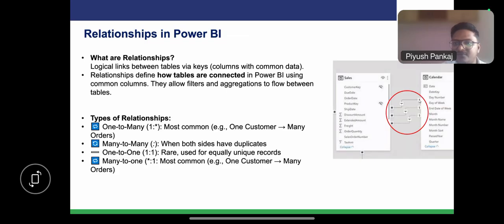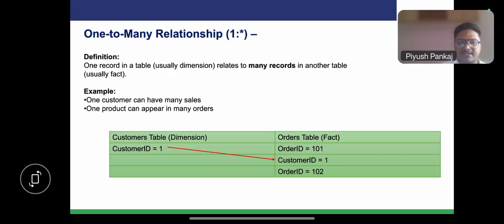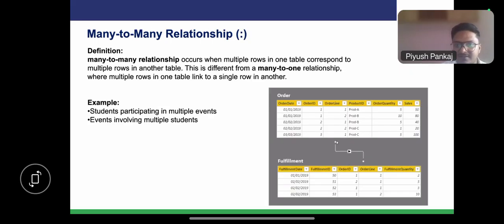If you have one over here, that means one. Asterisk and one means many or one, one to many or many to one. It totally depends on which direction you are going. Now here it is many to many, asterisk here and asterisk here. So this is going to be different from a one to many relationship.